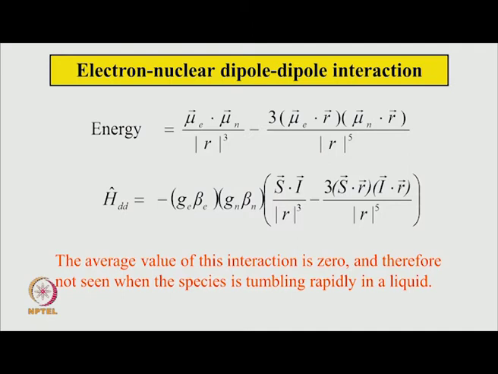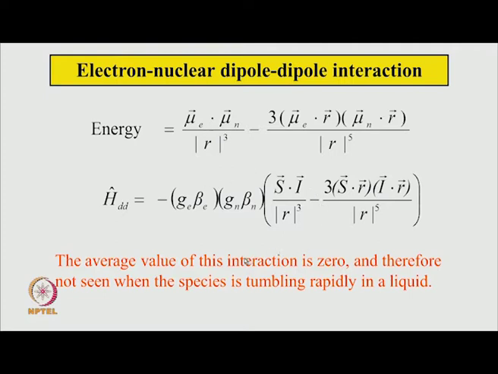We simply replace the magnetic moment of each of them by their corresponding operators in terms of the angular momentum. So, mu_e is replaced by g_e beta_e S, mu_n is replaced by g_n beta_n I in a similar fashion. This is the expression for the dipole Hamiltonian operator for the electron-nuclear interaction.